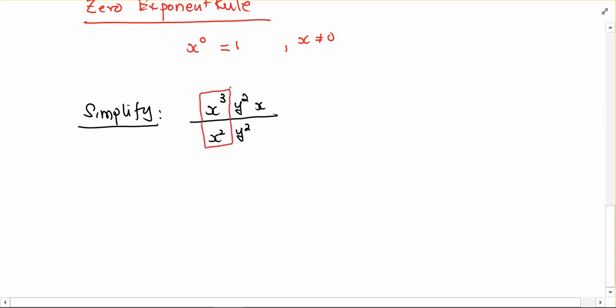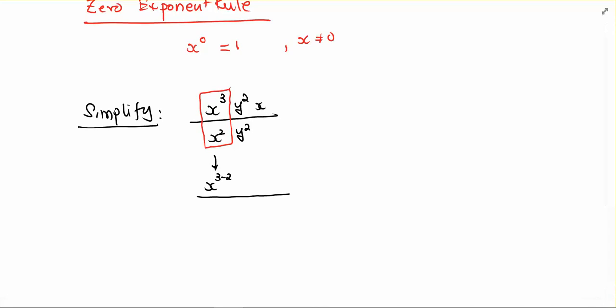do the division. So if I did that division using my quotient rule, I get x to the 3 minus 2. And again, if I did this division using my quotient rule, then I get y to the 2 minus 2.